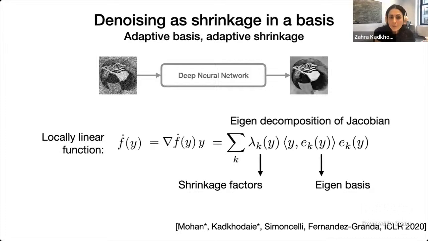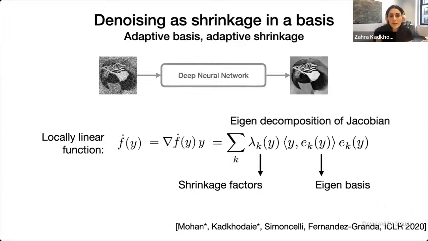We take the noisy image, or the DeepNet takes the noisy image into an adaptive basis, which is basically the eigenbasis coming from the Jacobian, and then the coefficients are multiplied by the eigenvalues, which are normally between 0 and 1.